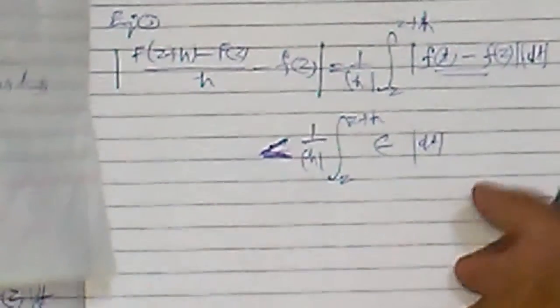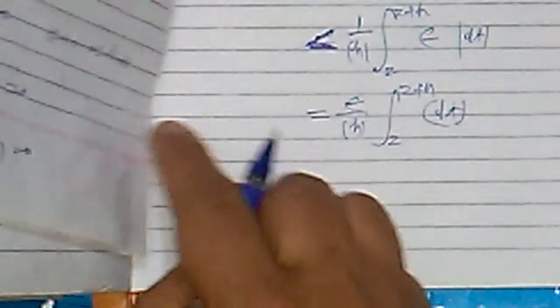Now epsilon is a constant, so we take epsilon out of the integral and we get this value, also dt. This value is greater than this value. And this value is equal to this value, so we use the equal sign, and we should not confuse these. This value is less and this value is greater, while these values are equal.